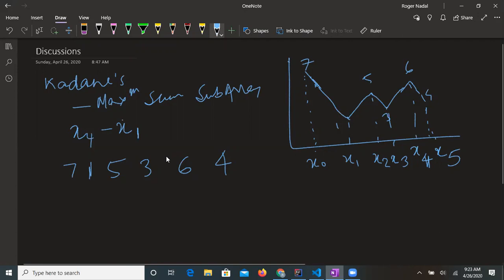So the first one, it has no neighbors towards its left, so let's call it 0. Then 0, then 6, then 4, then minus 2, 3, and minus 2.